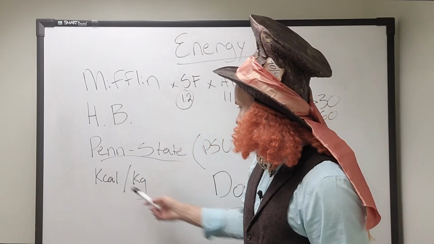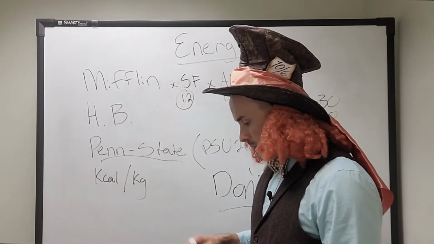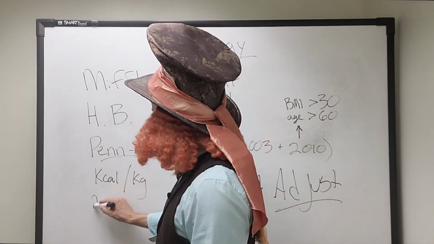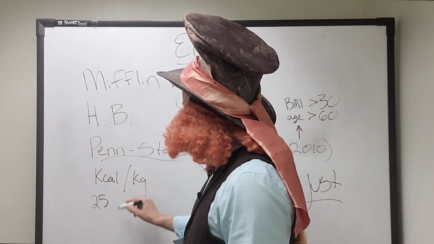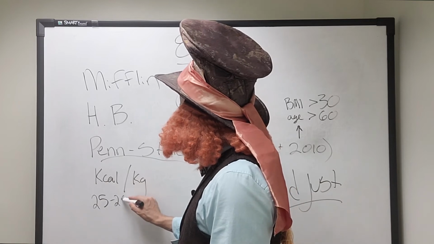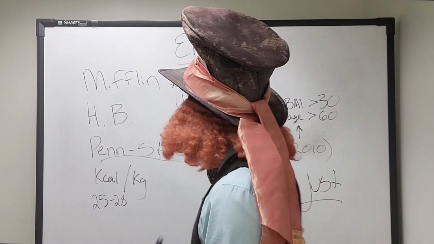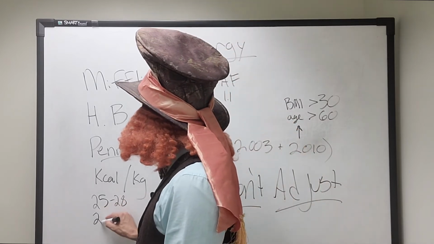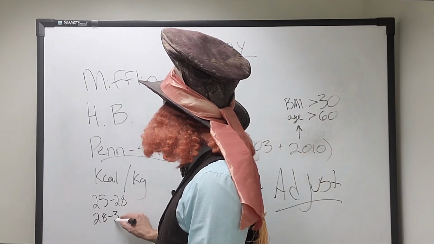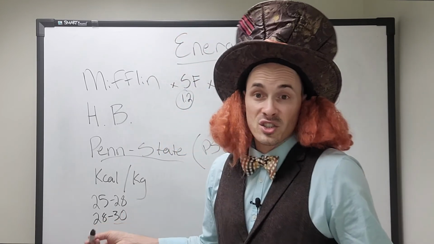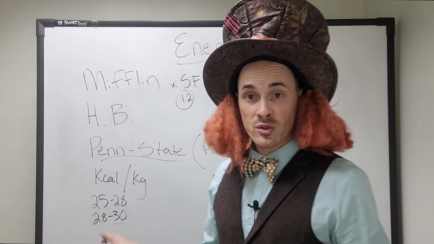So your Kcals per kilogram, for the lower end of the need, it could be 25. Sometimes I'll do 25 to 28 for elderly people that aren't malnourished, that aren't surgical. You can do 28 to 30 for your generalized hospital patients. 30 is really a great place to start. If you're not sure, just use 30.